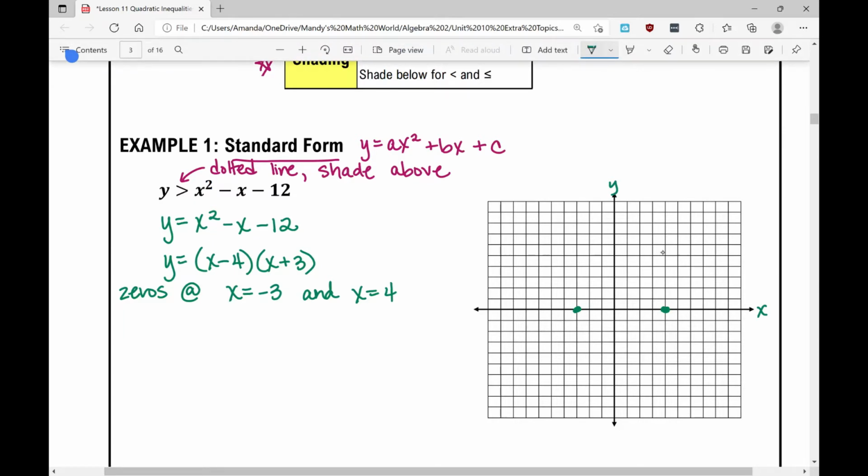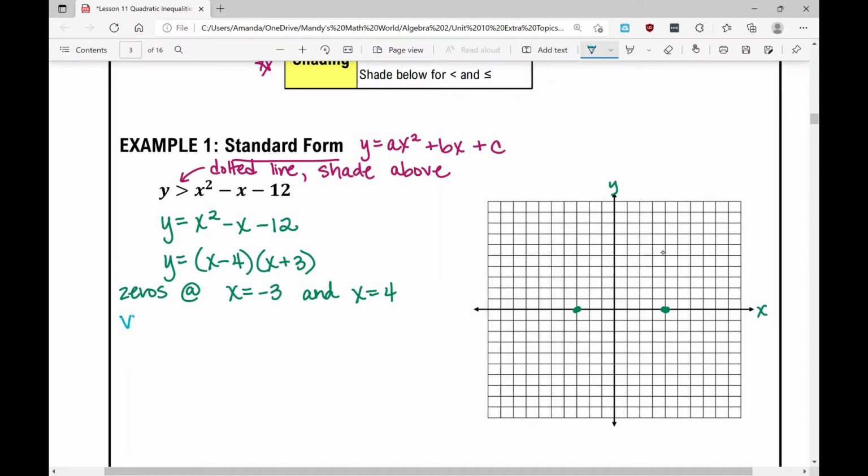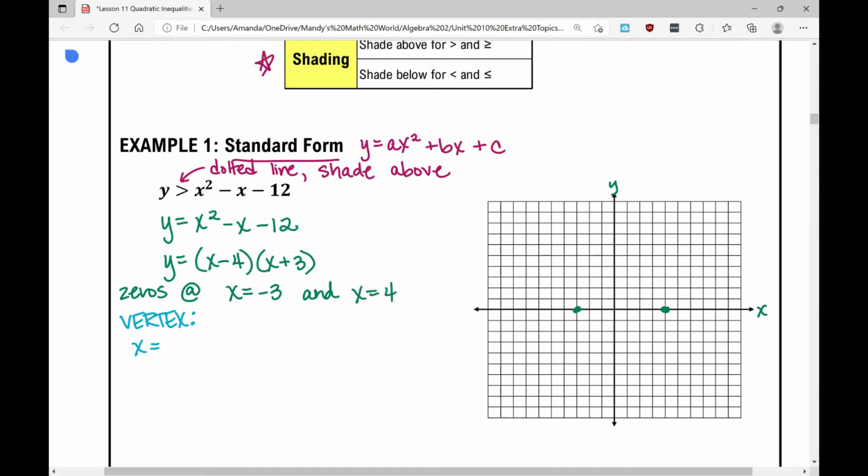Now, when I'm graphing a quadratic, it's good to have the vertex. So now we've got our zeros. Now I'm going to find my vertex. How do I find the vertex? I know the x value of my vertex, which is also the axis of symmetry. Remember, that's that vertical line that splits that parabola in half, is negative b over 2a.